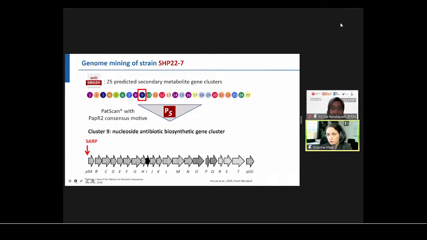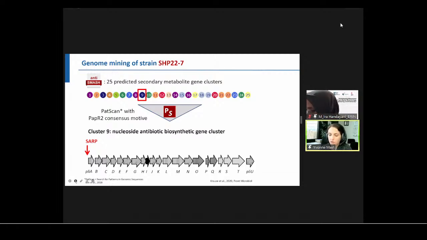Then the question was, which is the one that encodes this bioactive substance? We ran an additional bioinformatic analysis by applying the program PatScan and searched for our PAPR2 consensus sequence. Thereby we found this SARP binding sequence in front of gene cluster 9. Gene cluster 9 encodes a potential nucleoside antibiotic, which has a similarity to a gene cluster from a Streptomyces vinaceus strain. That one is known to produce the substances amicetin and plicacetin, which are known compounds.